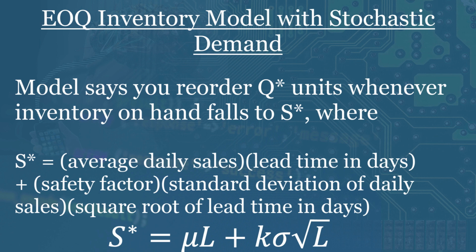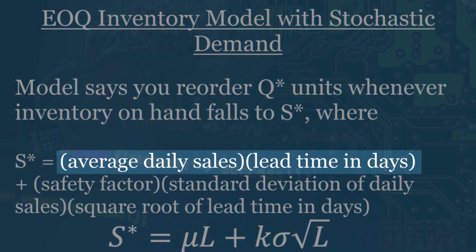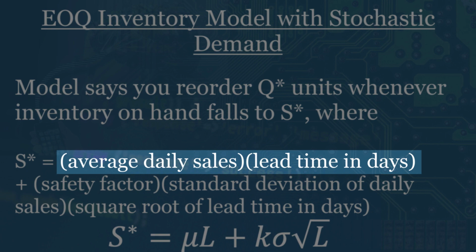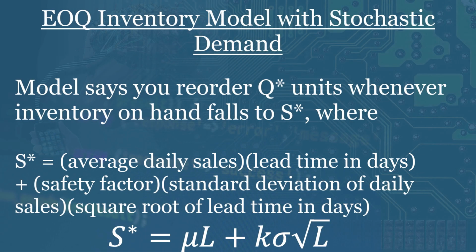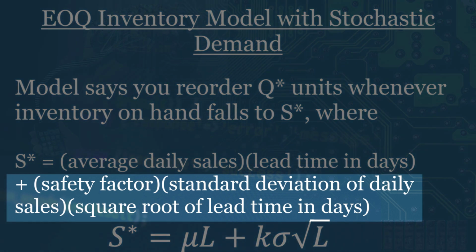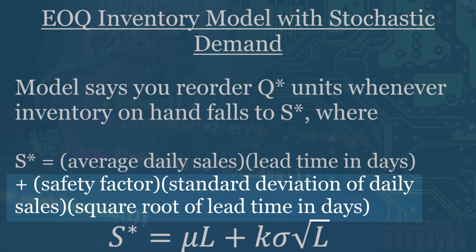We take the average daily sales of the SKU and multiply it by the lead time in days. Lead time being the number of days between the time you place the order and the order arrives. And then you add to that some safety factor. We usually use the number 2 for a safety factor, times the standard deviation of daily sales, times the square root of lead time in days.